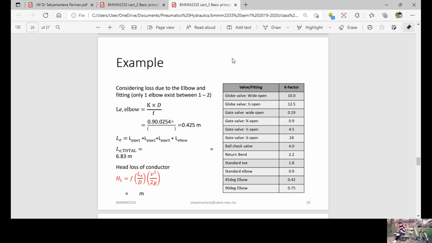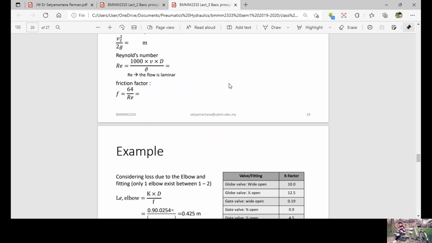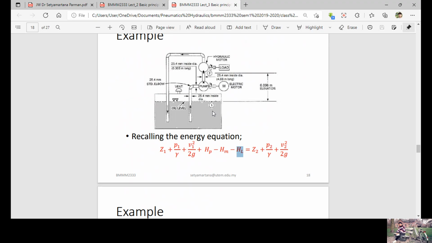Then, considering loss due to the elbow and fitting. If we see here, flowing here and then going here, we find only one elbow, a standard elbow with inner diameter 25.4 millimeter. So it means we have only one elbow.